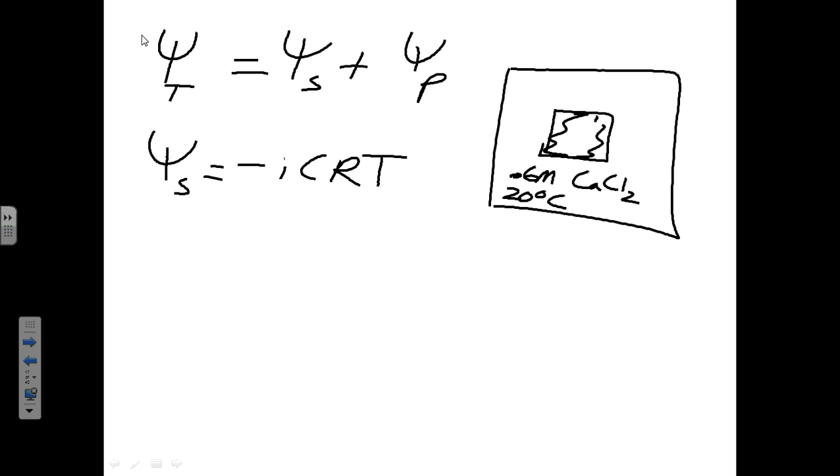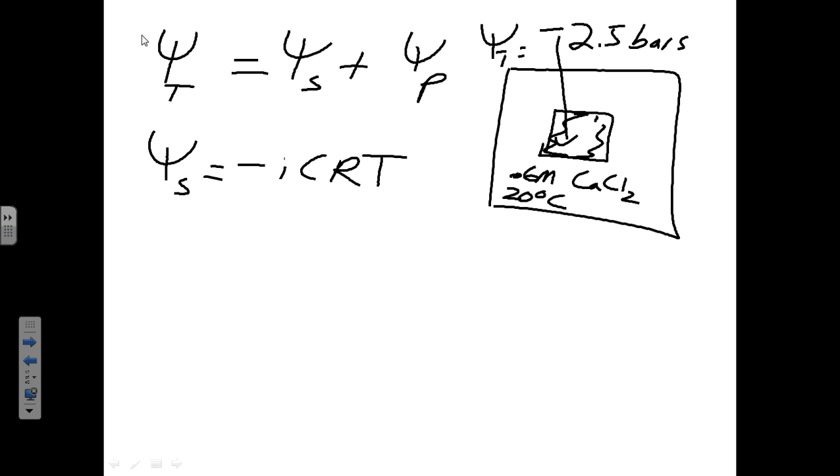And let's say I told you that the water potential inside the cell was, let's say, negative 2.5 bars. That's inside the cell. And I want to know, first of all, what's the water potential in the beaker? And then I want to know which way is the water going to move. Is it going to move into or out of the cell?